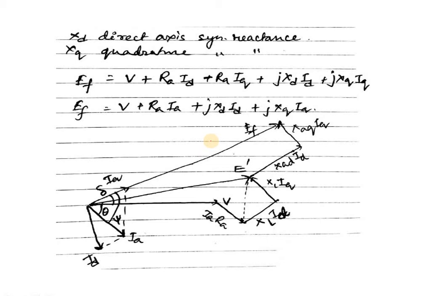So with the help of this we have drawn this phasor diagram, and we can see that this is the voltage axis V. With V it will be combined with IaRa, then it is combined with jIdXd, and again if we divide this part it will be divided into jXlIq and jXadId, and definitely Ef will be the combination of all these: V plus IaRa plus jXdId plus jXqIq.